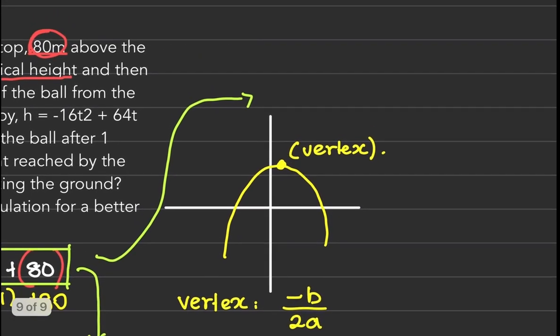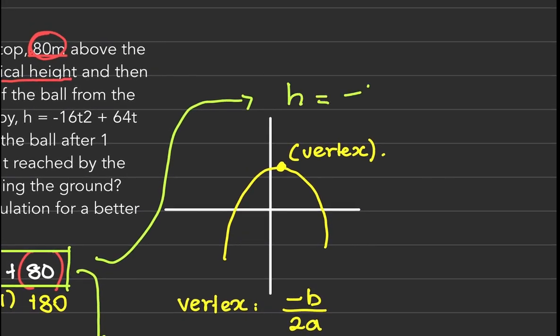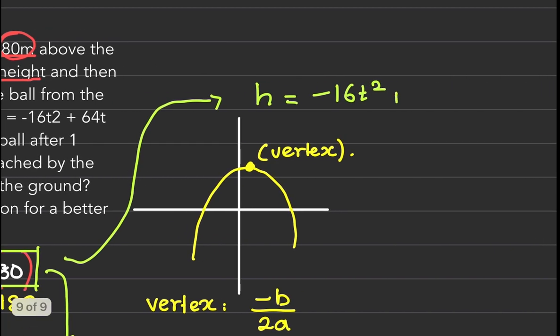We have h equal to negative 16t squared plus 64t plus 80. What do we do here? So first, to get the roots, or the x values, let's divide all the terms of this equation by negative 16, as it's all divisible by negative 16.